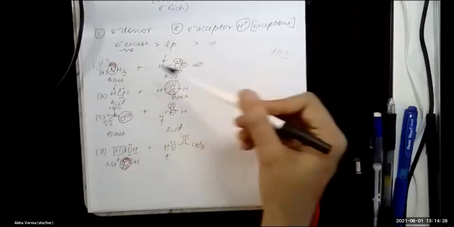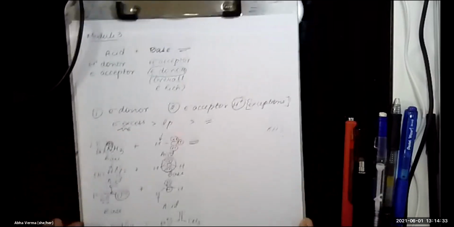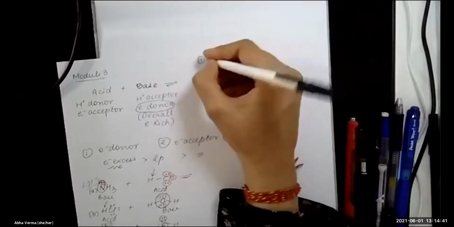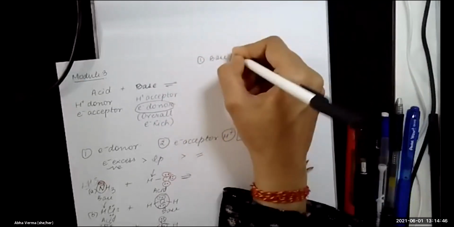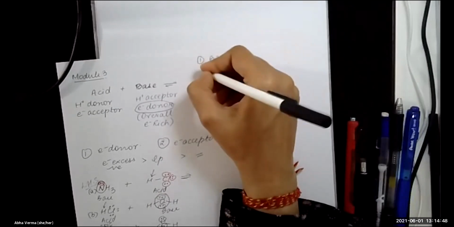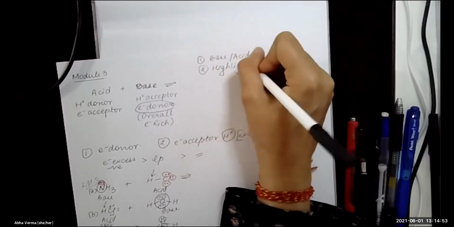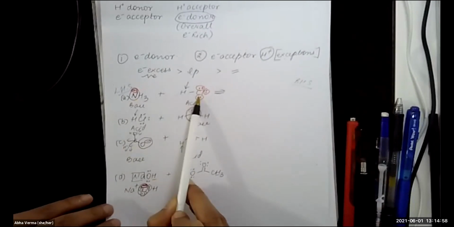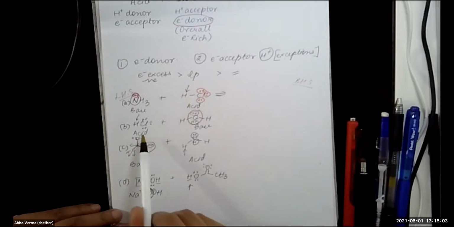So whenever you are asked about acid-base reactions, you must, all of you, always first identify your base and your acid, and then highlight or mark the sites. What does that mean? You should know which atom is going to attack, which atom is going to be your base, which atom is going to be your acid.